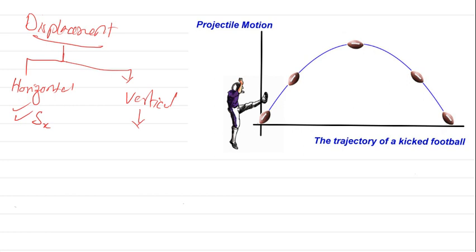Same thing if we use s with subscript y: this is the vertical component of displacement. So let's see how we get the equations. First I'm doing the horizontal component.